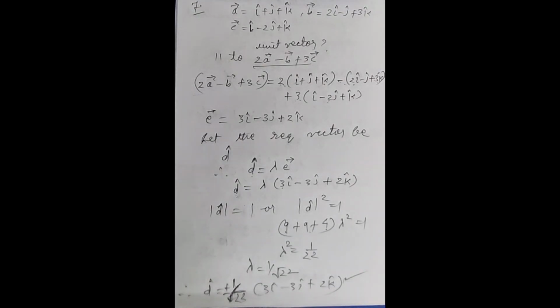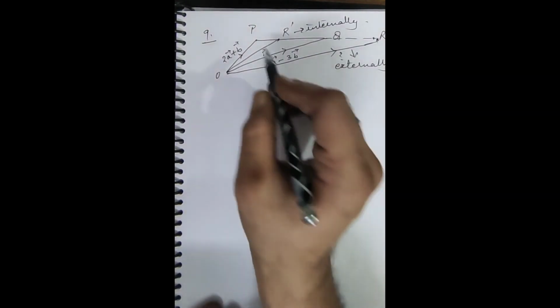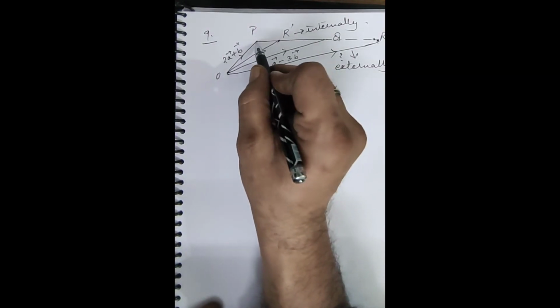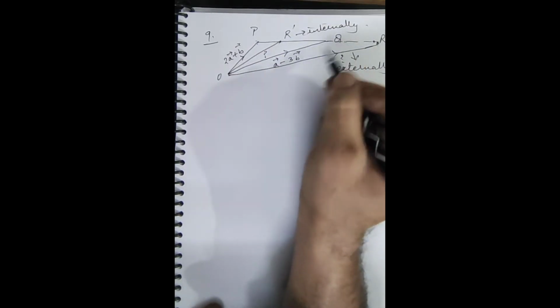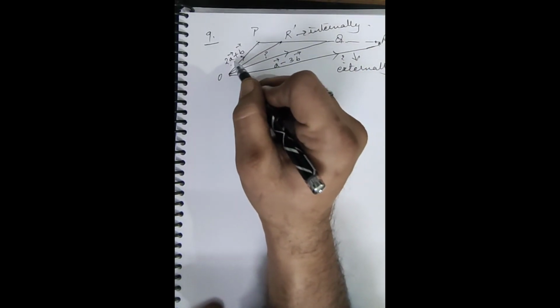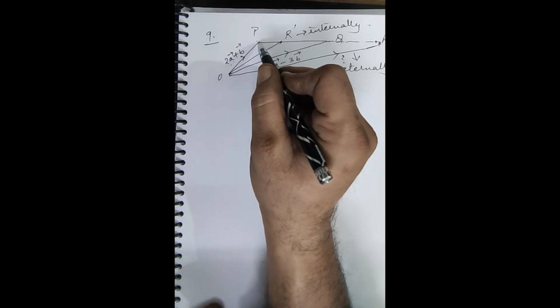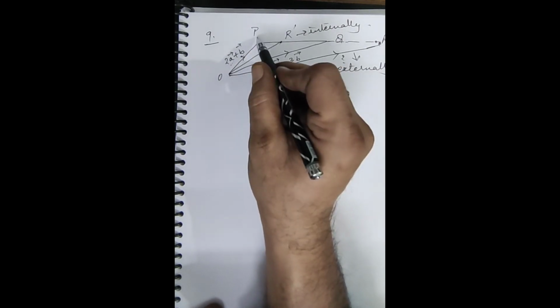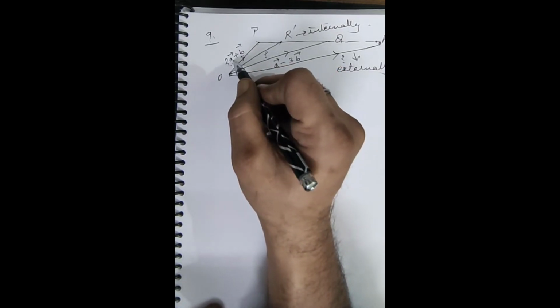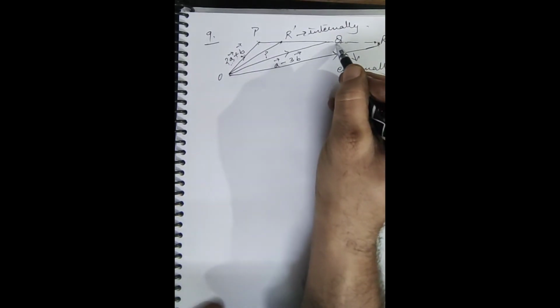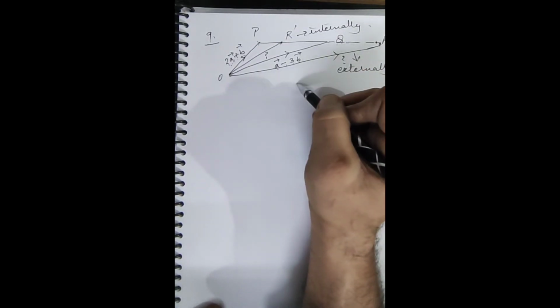Let's see the next question now. In the next question, question number 9 I have selected. Here we are given that the position vectors of 2 points P and Q are written in terms of vector a and vector b. The position vector of P is given as twice of a vector plus b vector, and of Q it's given as a minus 3b vector.